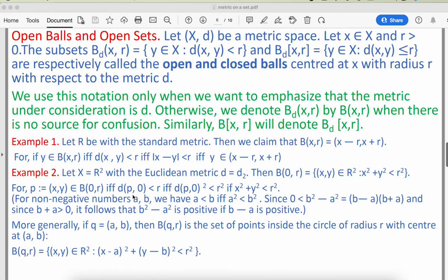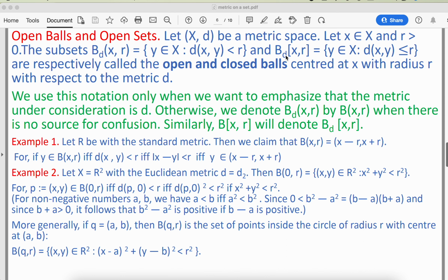Now what is an open ball and an open set? Suppose (X, d) is a metric space and x belongs to X and r is greater than 0. Then the subset B_d(x, r), centered at x with radius r, meaning the ball with respect to metric d centered at x and radius r, is defined as the set of all points y belonging to X such that the distance of x from y is less than r.